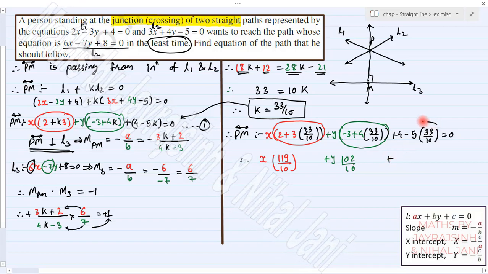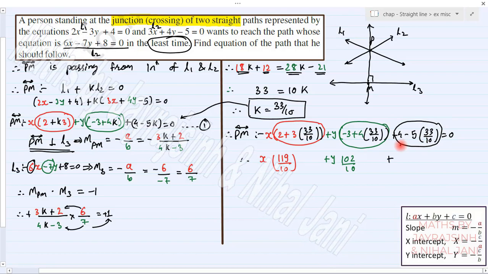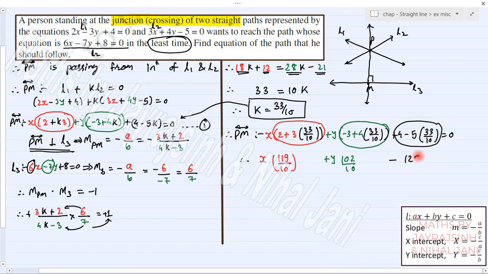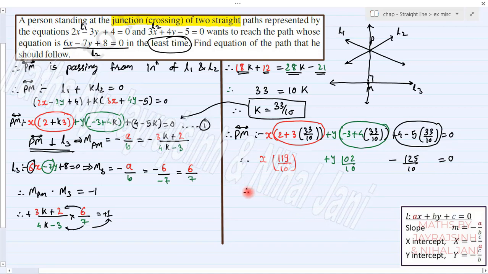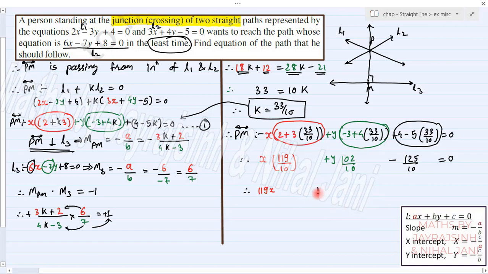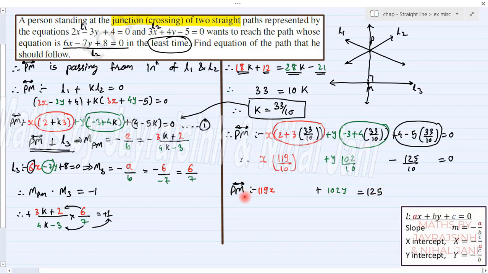And finally, 40 minus 125 by 10 will be minus 125 by 10 is equal to 0. Or we can say we will get 119x plus 102y is equal to 125 as your required equation of line.